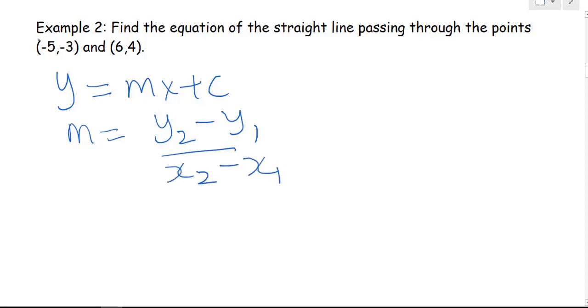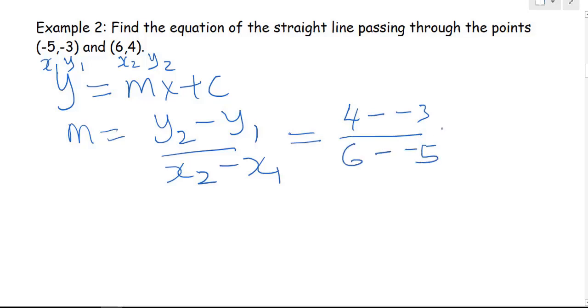In the pairs of values, we are going to treat this one as the x1 and y1, whereas this is our x2 and y2, meaning that this will translate to y2 minus y1, 4 minus -3 divided by 6 minus -5, and that translates to 7 divided by 11.